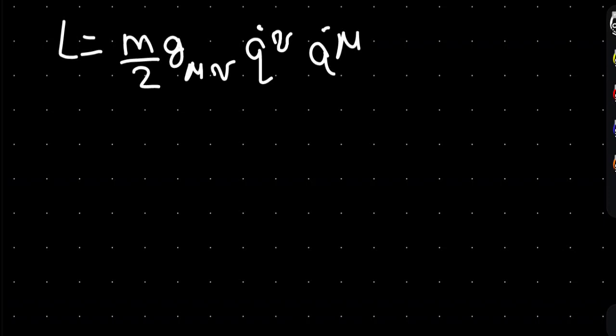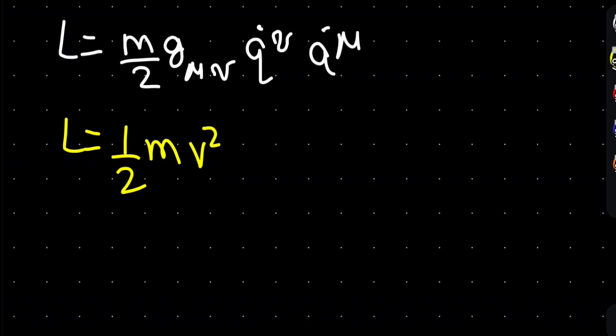Because we are dealing with the Lagrangian and there is only kinetic energy, we can write the Lagrangian as one half into mass into velocity squared. And again, we are not dealing with flat spaces like in Newtonian mechanics. We are dealing with general relativity where space and time are curved.